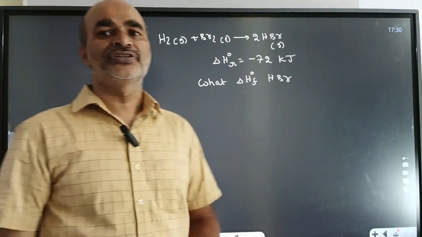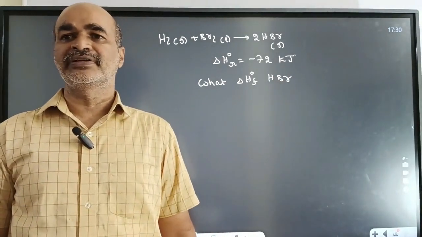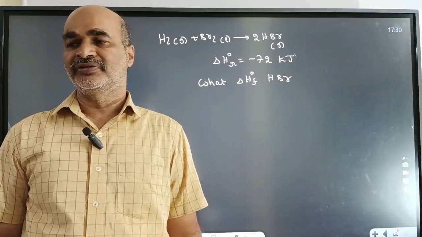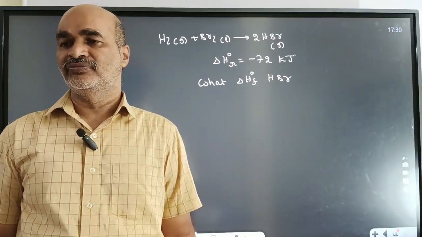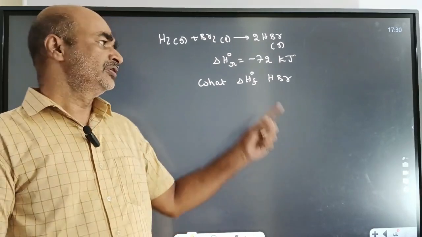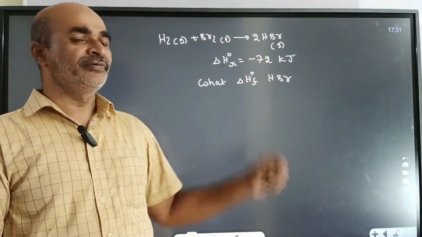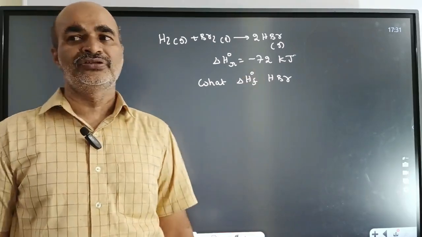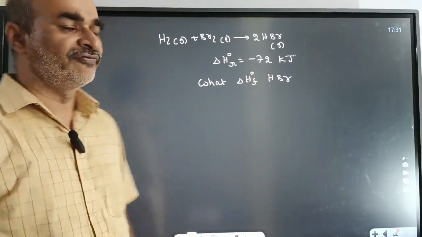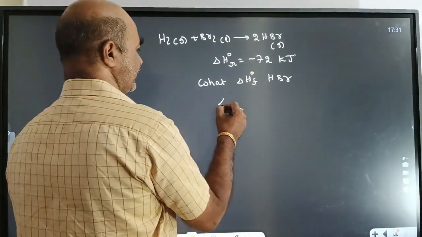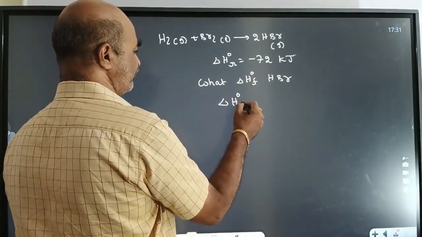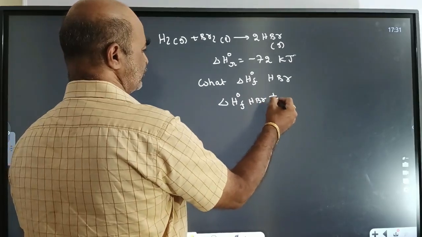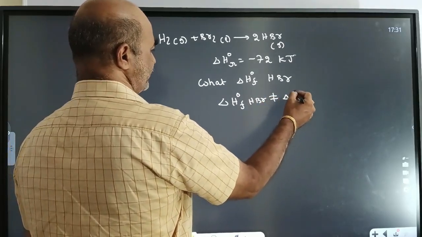Enthalpy of formation is always expressed for a mole. So for 2 moles, the enthalpy of reaction is minus 72 kilojoules. In such case, the enthalpy of formation of HBr is not equal to the enthalpy of reaction.